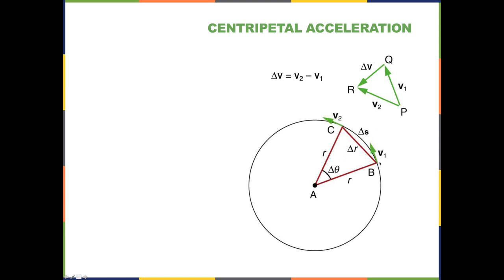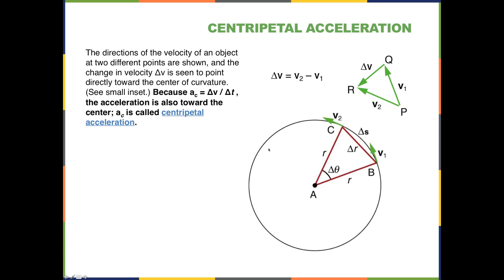All the acceleration that we've been talking about up to this point is acceleration that occurs because of the change in magnitude of the speed. This is the first situation where the magnitude of speed does not change, but because the direction changes, there's an acceleration, and that acceleration is called centripetal acceleration.